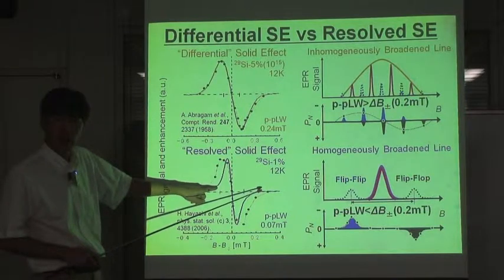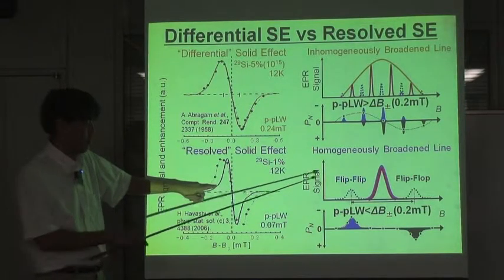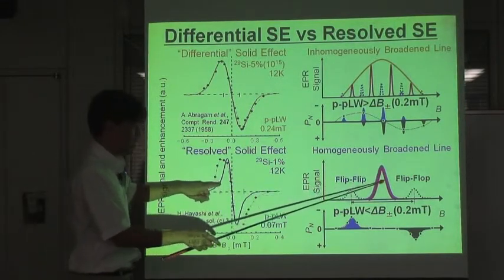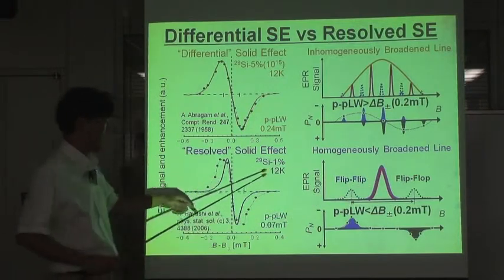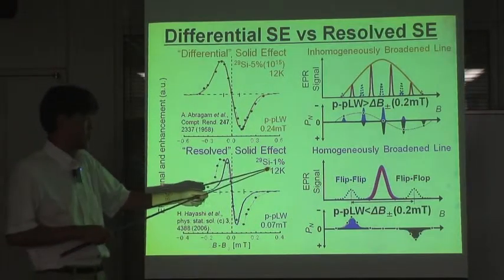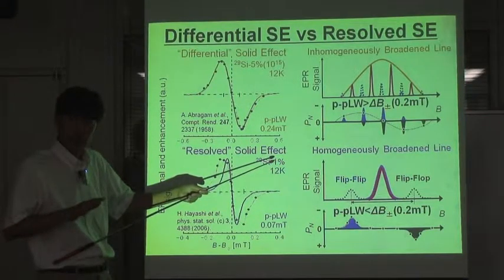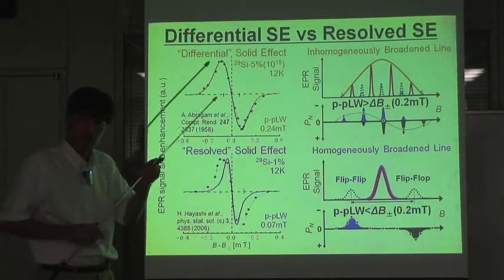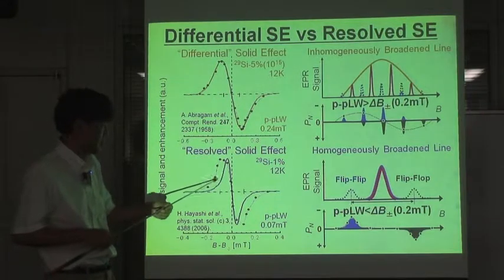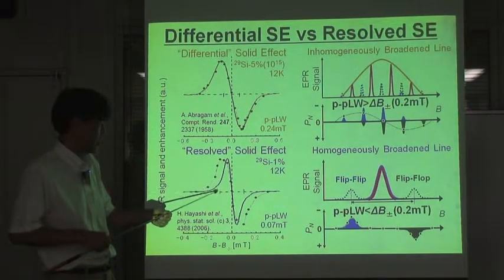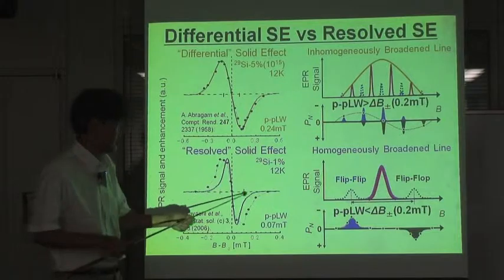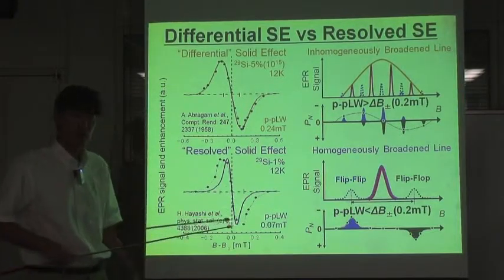So we have been able to resolve the flip-flip, allowed transition, and flip-flop transition thanks to isotopic purification. By reducing 29 silicon, we were able to sharpen the EPR line so that now we can see this part is actually the flip-flip transition. This is the flip-flop transition.